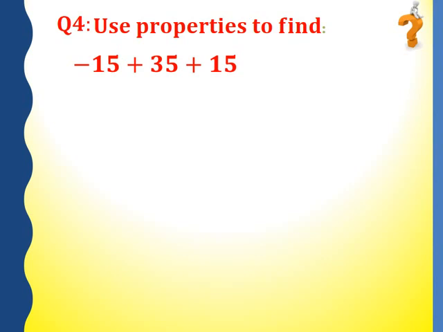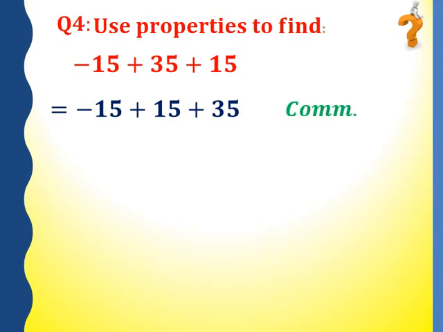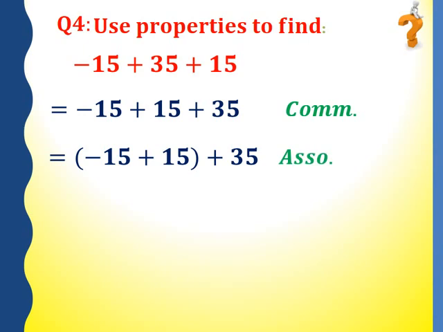I will put them near to each other like this, and I use the commutative property in doing this. After that, I will put them between brackets, and this property is called the associative property.